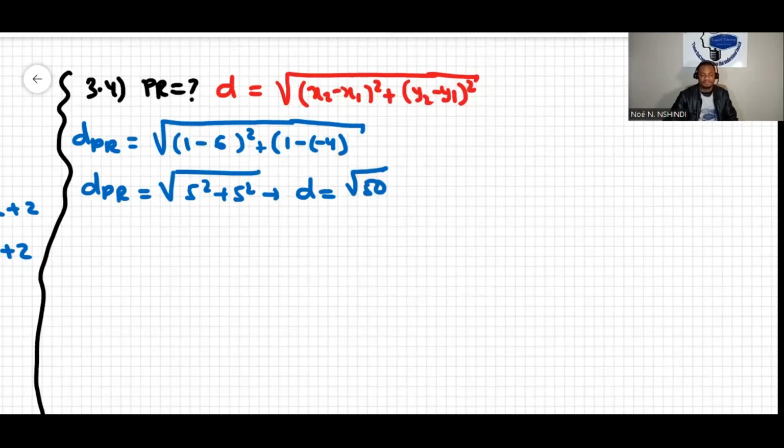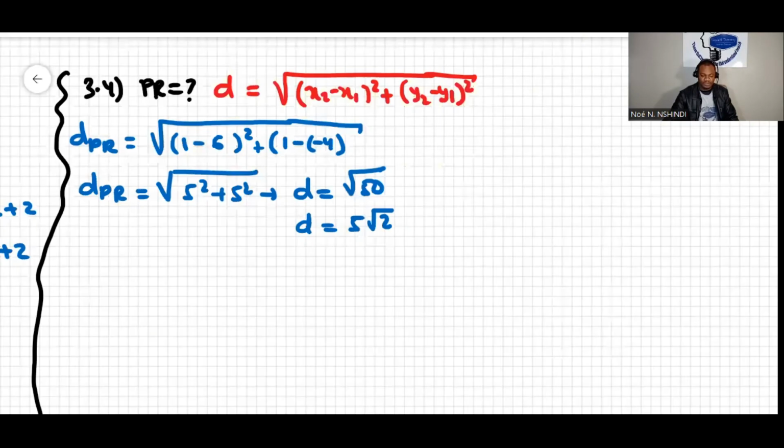And then the square root of 50, the calculator can simplify it, so if you press it in the calculator, we will get d equal to 5 root 2. Let's just use the calculator to show you. Over here I did this: it is like the square root of 25 times 2, and then this can be broken down into root 25 times root 2.